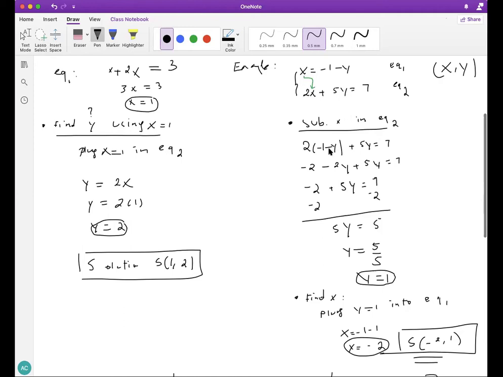After we plugged, there was a mistake from this step to this step. Can someone tell us what the mistake was? Look closely at that equation. There is a mistake here. Can you guys see it?